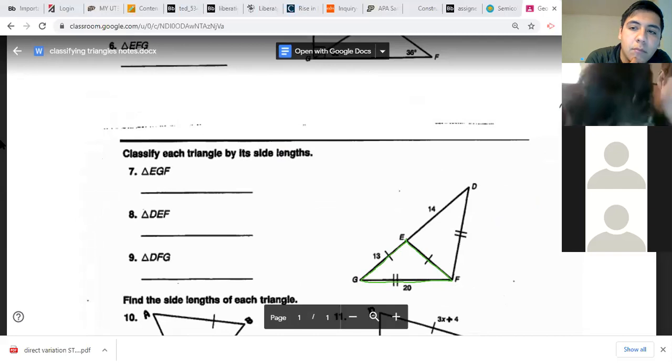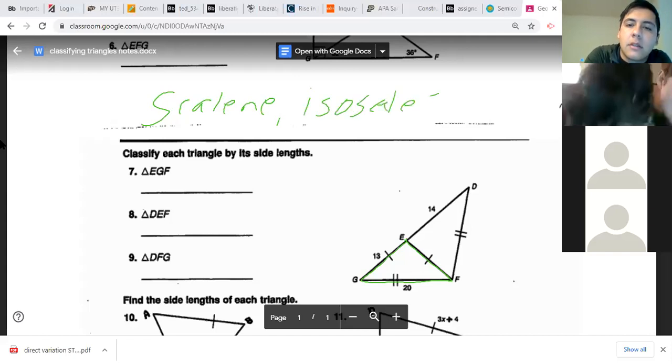Acute. No, this time we're classifying by the sides. So that's three different types of triangles, right? We have scalene, we have isosceles, and we have equilateral.